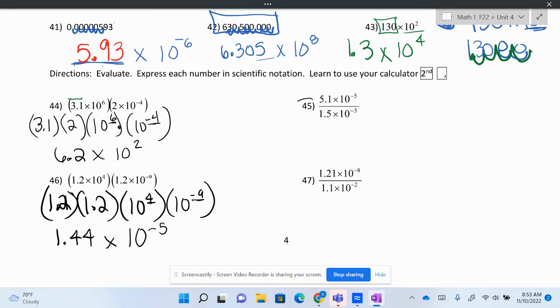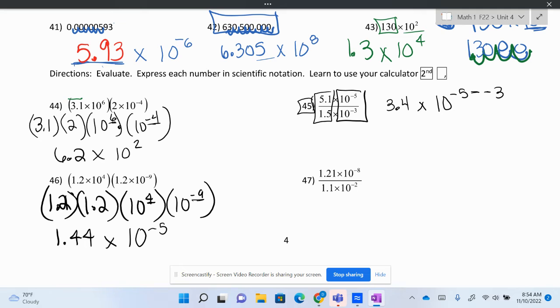I'm going to do number 45, and you guys can do 47. So I'm going to divide those two numbers. Someone with their calculator, take 5.1 divided by 1.5. 3.4. So when I divide these, I get 3.4. What does the rule say to do here? Subtract. So that becomes 10 to the negative 5 minus negative 3, right?